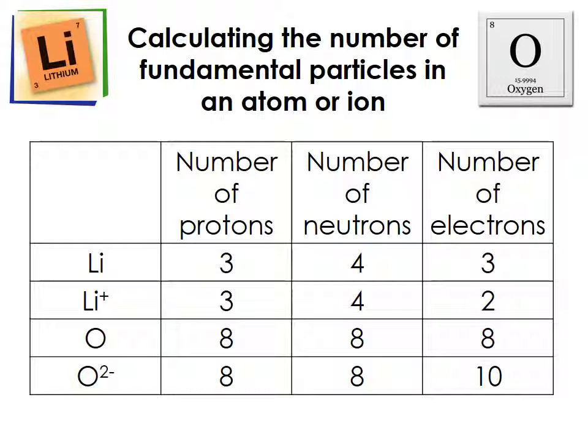Now oxygen forms an O2- ion. As we said, the number of protons and neutrons stays the same, so again we've got 8 of each of those. But now we've got a 2- charge, so we've added 2 extra electrons. The number of electrons is now the number of protons, which is 8, plus the charge on the ion, which is 2. So 8 plus 2 gives us 10.